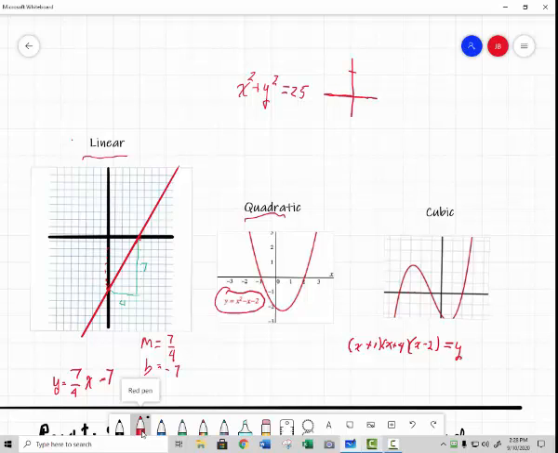So this would be 0, 5. This would be 5, 0. This would be -5, 0, and 0, -5.